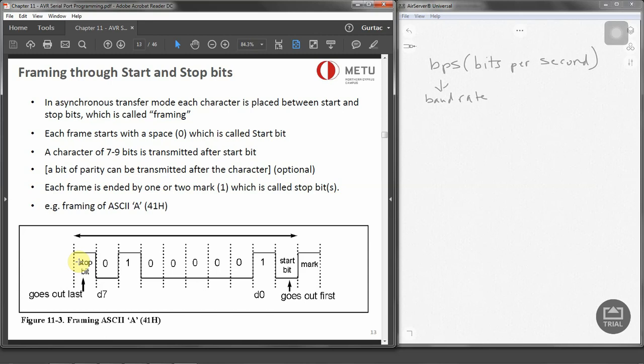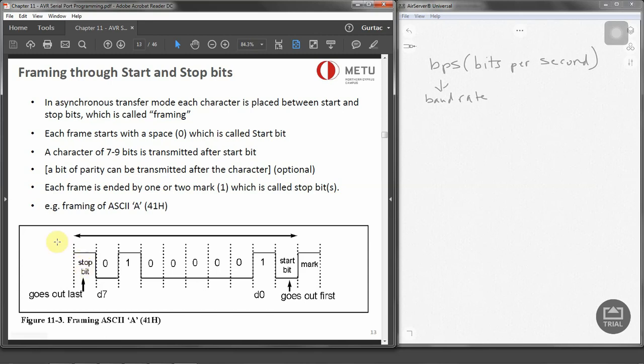And in the modems, sometimes a single change of signal transfers several bits of data. As far as the conductor wire is concerned, the baud rate and the BPS are the same. And in this chapter, we are going to use BPS and the baud rate interchangeably.